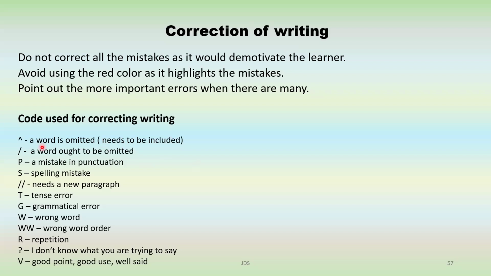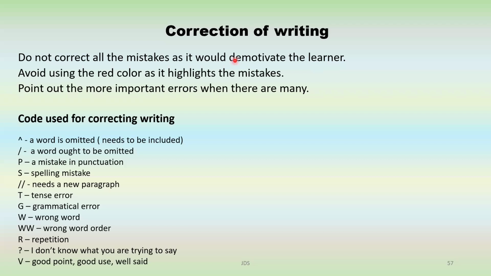So there are certain symbols or signs that are used to indicate the language lapses or the errors. Before that, look at this. In the classroom context, we are not talking about examination context, do not correct all the mistakes, as it would demotivate the learner, particularly with intermediate and small children.